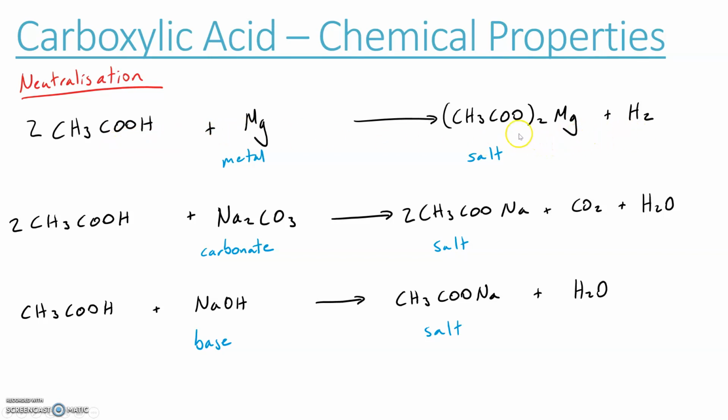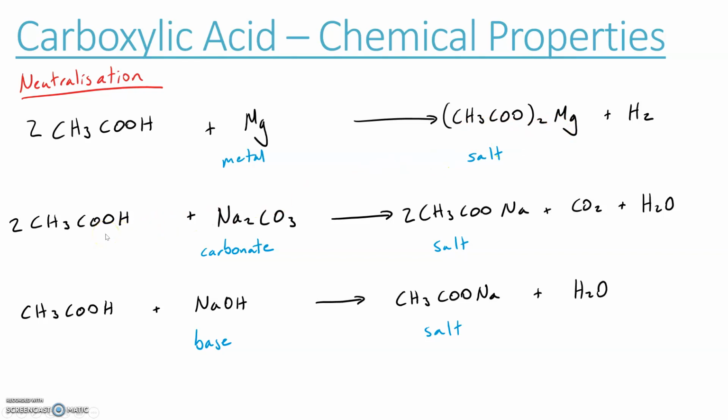Now note that this carboxylate ion, in this case the ethanoate ion, which is just the ethanoic acid molecule minus the hydrogen, is a negative ion, but we tend to write it first. It's just a strange convention. Normally you write the cation first and then the anion, but with carboxylate ions, we tend to write the anion first and then the cation.